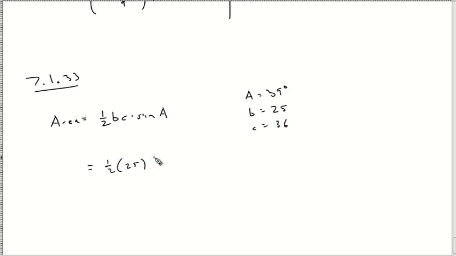So the next one is asking for the area of a triangle. And they even give you a formula. It says 1/2 B times C times the sine of A. And thankfully, they give us all of those numbers, so A, B, and C. How do you find the area? You plug it in.